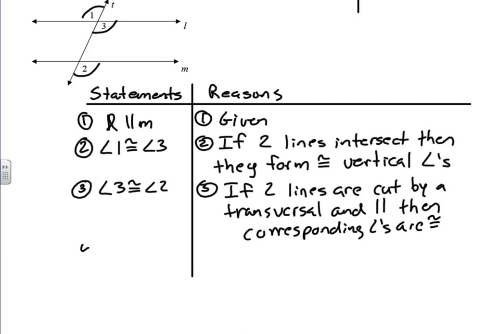And so then in the last step we could say that angle 1 is congruent to angle 2 by the transitive property or by substitution.